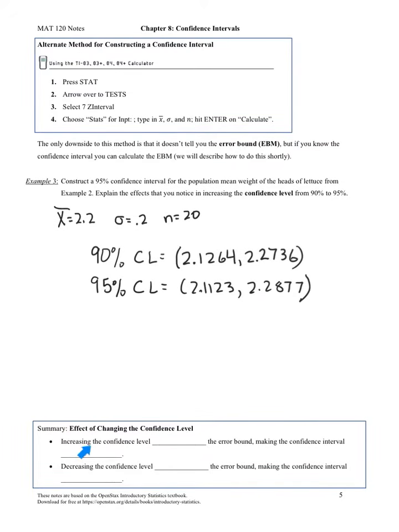So in other words, if we look down here, increasing the confidence level increases the error bound, or the margin of error, making the confidence interval wider, whereas decreasing the confidence level decreases the error bound, or margin of error, making the confidence interval more narrow.